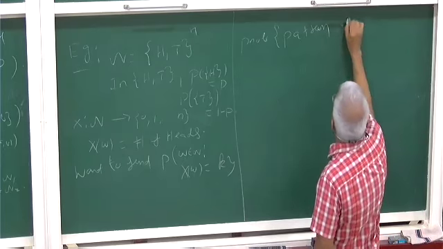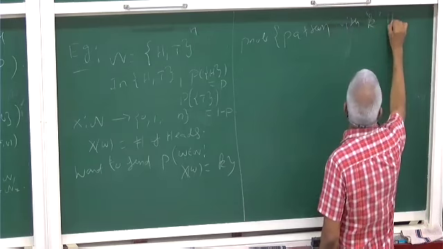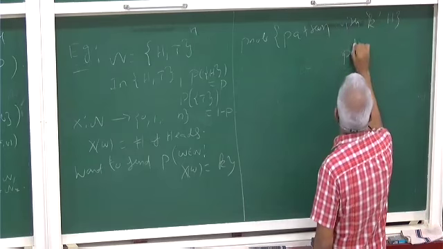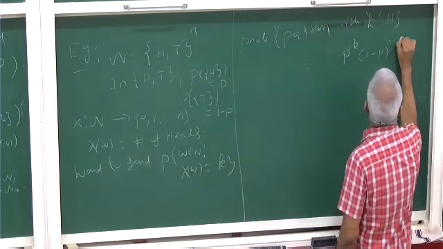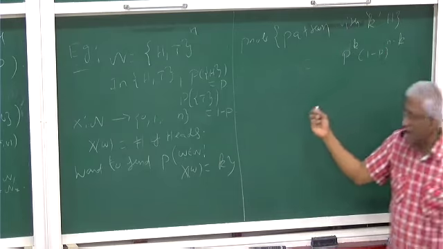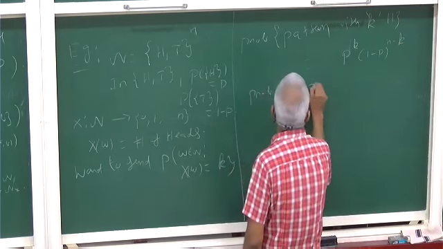A pattern with k H's will have probability p to the power k times (1 minus p) to the power n minus k.